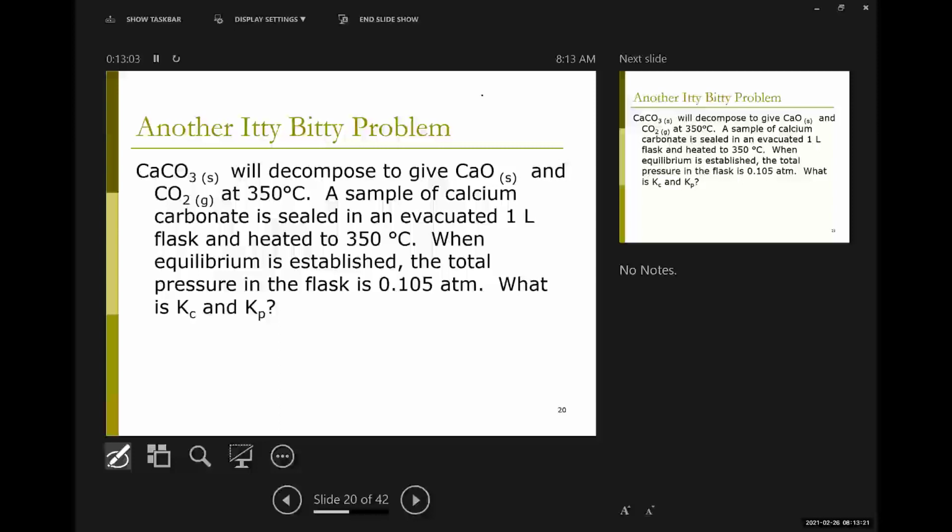So sometimes I evacuate my flask because I don't want the air to interfere. If I have a reaction, for example, that's oxygen sensitive, I don't want any oxygen in there, and so I might evacuate it, or I might purge it with something other than oxygen. But from a pressure measurement standpoint, in this case, carbon dioxide is my product.